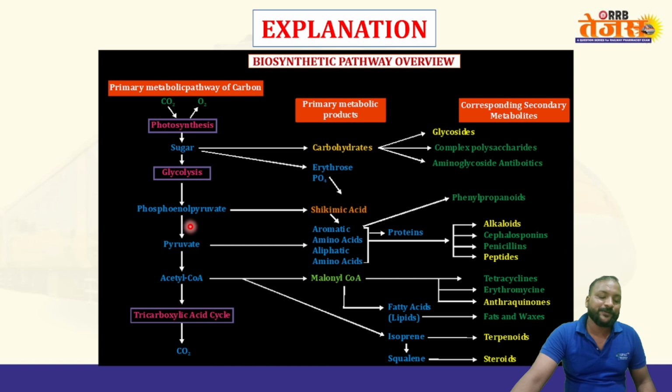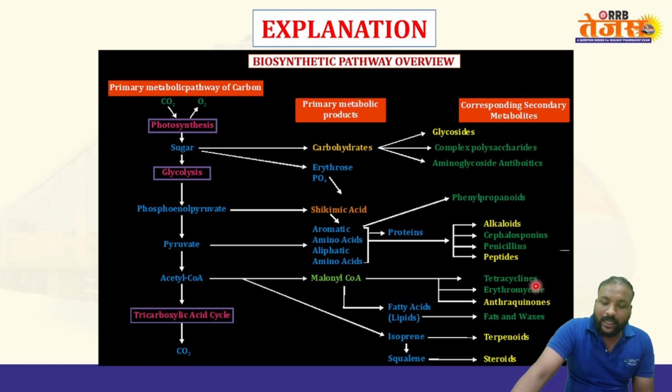From phosphoenol pyruvate plus coenzyme A, malonyl CoA is formed, which produces fatty acids. That is the fatty acid pathway. There is also the malonate pathway, from which we get anthraquinones, tetracycline, erythromycin, and from fatty acids we also get fats and waxes.